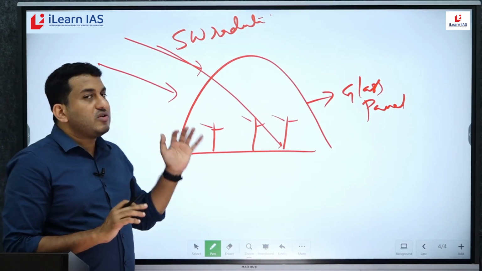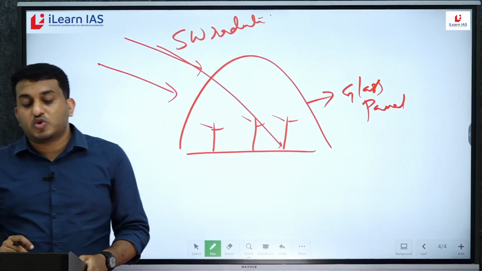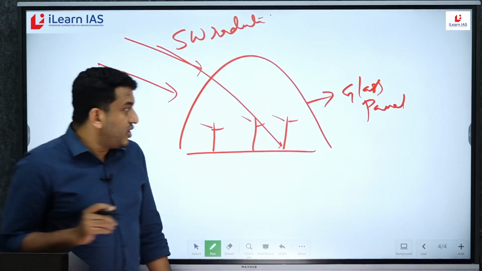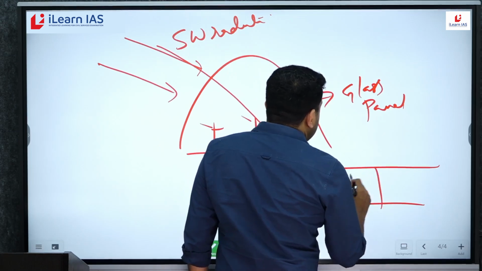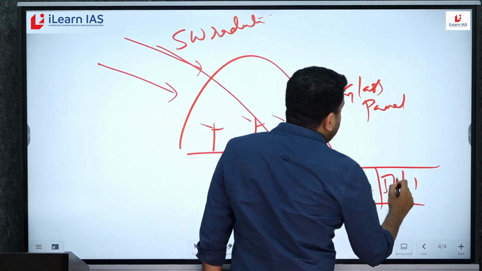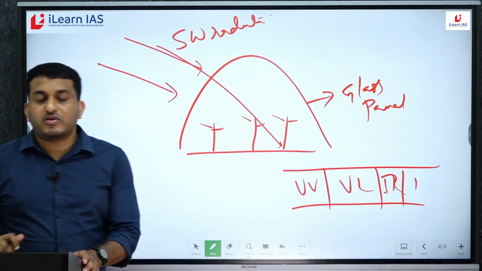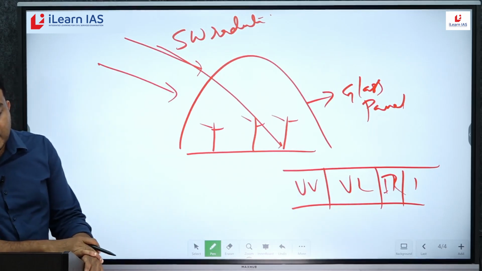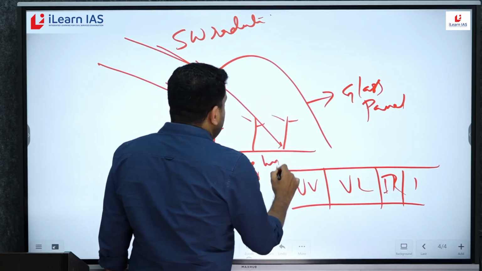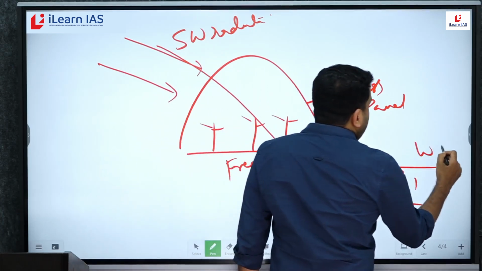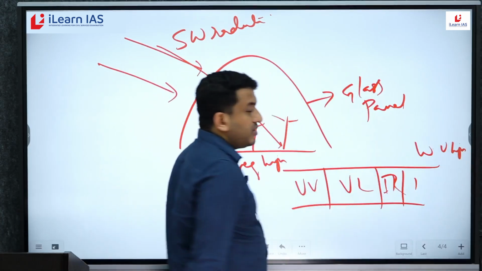Now if you recall the electromagnetic spectrum, you have ultraviolet rays, visible light, infrared, right? Here frequency is high on this side, and wavelength is high here.